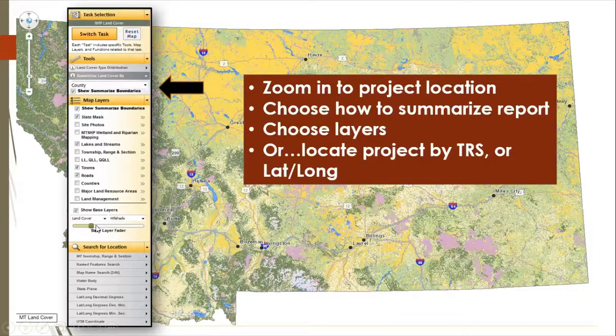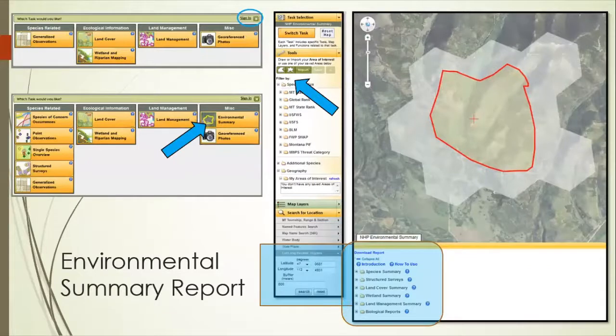You see this land cover and you see hillshade. If you slide it more towards hillshade, it becomes more of a white topo background, and it is a lot easier to see where your township and range is, especially to draw your project area.